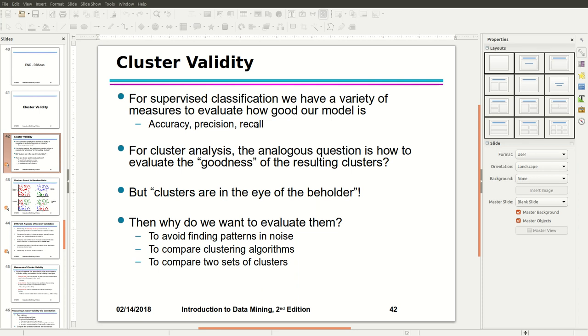So basically, I'm comparing with some randomly generated data set, and I fit clusters to that, and I can compare the results, and I see the error is going to be somewhere really high with respect to a proper clustering. So I can easily say that this is a good cluster.